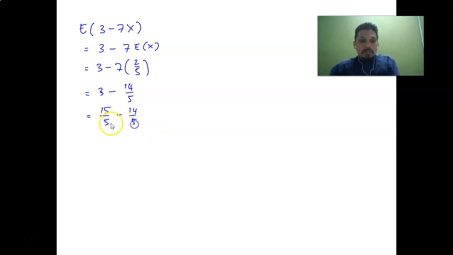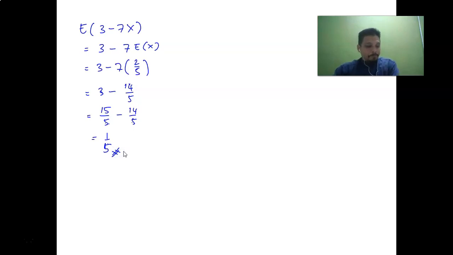Equalize the denominator: turn these numbers into fractions with a denominator of 5. So 15 minus 14 equal to 1 over 5.